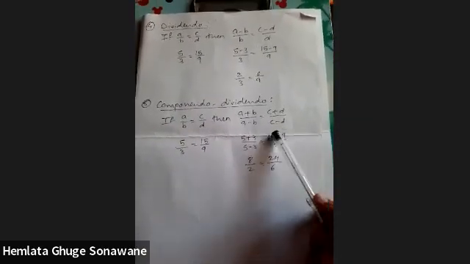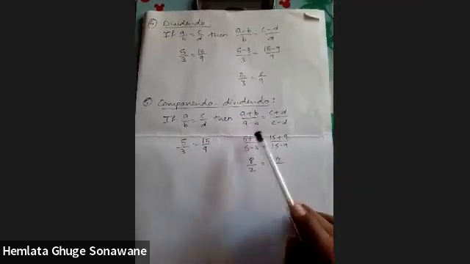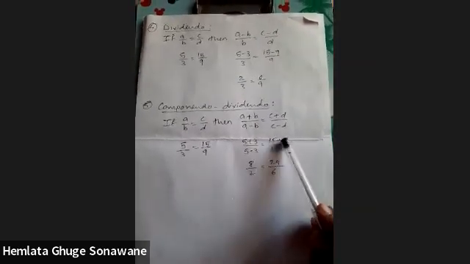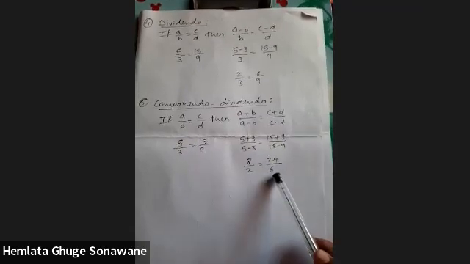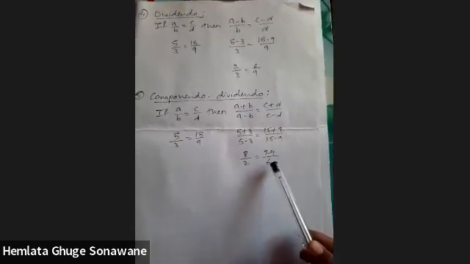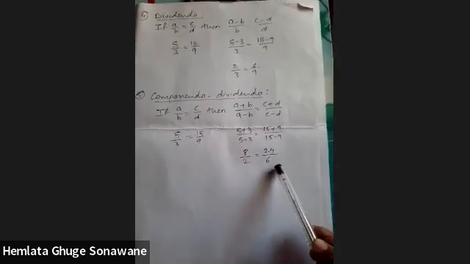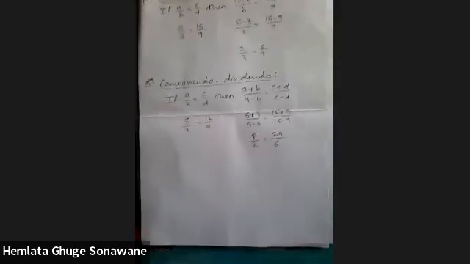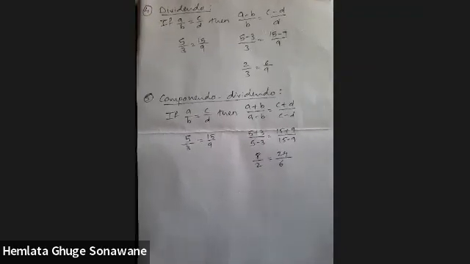That is equal to 15 plus 9 upon 15 minus 9. 5 plus 3 is 8. 5 minus 3 is 2. 15 plus 9 is 24 and 15 minus 9 is 6. Okay, if we divide this number by 3, then it becomes 8 upon 2. Just go through both the properties, that is dividendo and componendo dividendo.